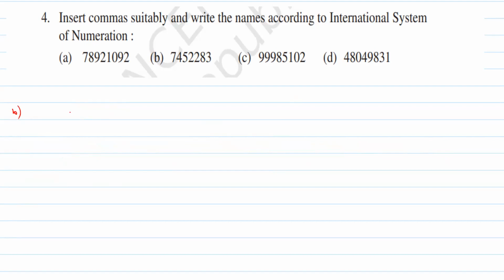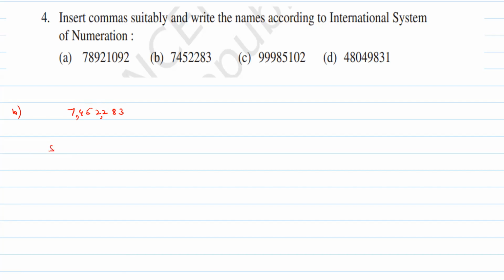B part, 745223. So this is 2, this is after each 3 places, right? So this is the ones period, this is the thousands period, and this is the million.